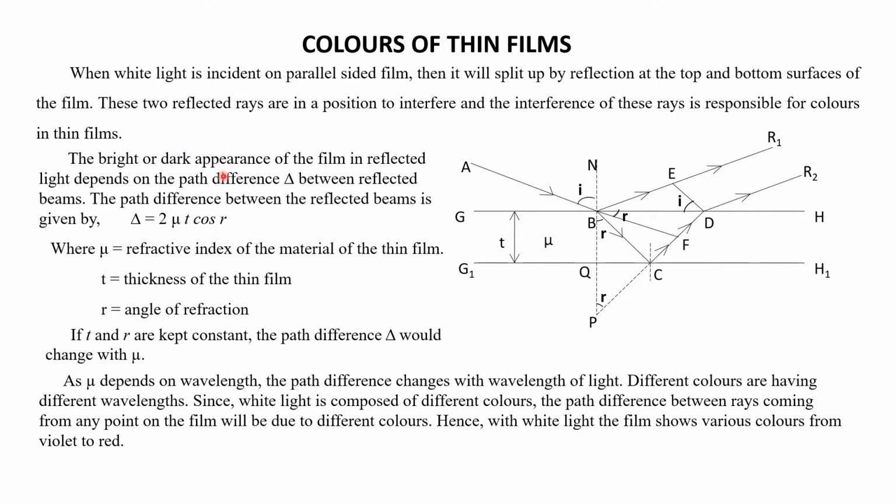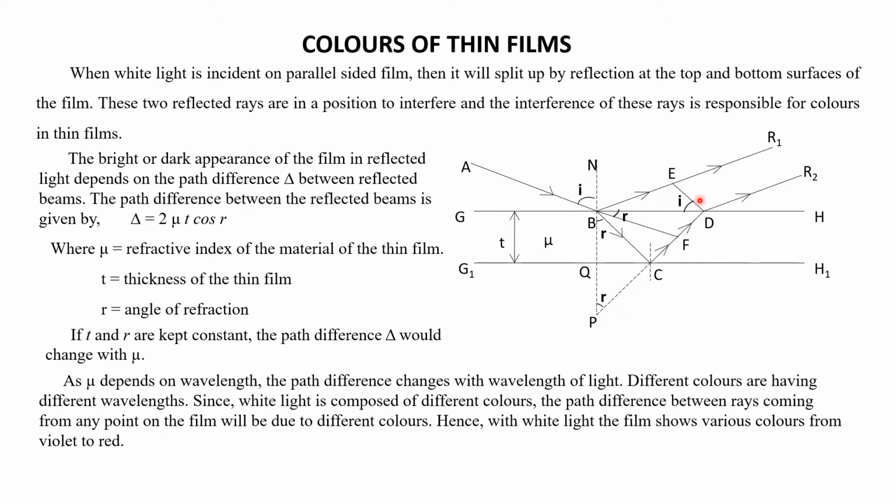Now the bright and dark appearance of the film in reflected light depends on the path difference between the two reflected rays. The path difference between the two reflected rays is equal to 2 mu t cos r, where mu is the refractive index of the material of the film and t is the thickness of the film.